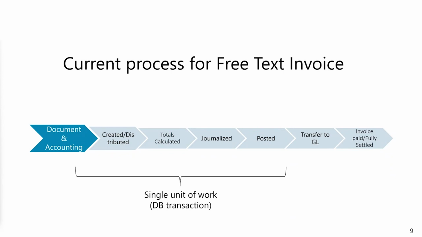These are all just different units that are comprised of activities along a free text invoice document in the life cycle of it. So obviously, once this document, the free text invoice, is created, there are some accounting distributions that can get created with that. There's a process to calculate totals. There's a journalized process, and that's really generating that full accounting in our subledger that is representing that full voucher transaction that we're going to send off to the general ledger.